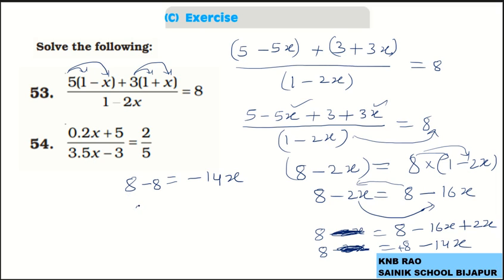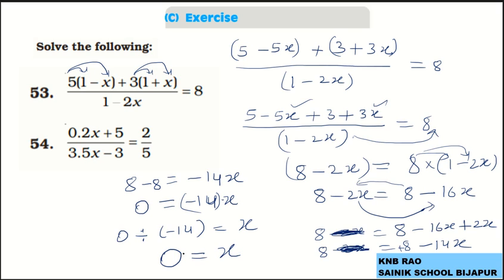So, 8 minus 8 is 0, 0 equals to minus 14x, which means minus 14, which is multiplying x, untransposed, it does the division, 0 divided by minus 14 equals to x. Now, you know 0 by any non-zero number is 0 again. So, the value of x is 0. So, that is the solution.